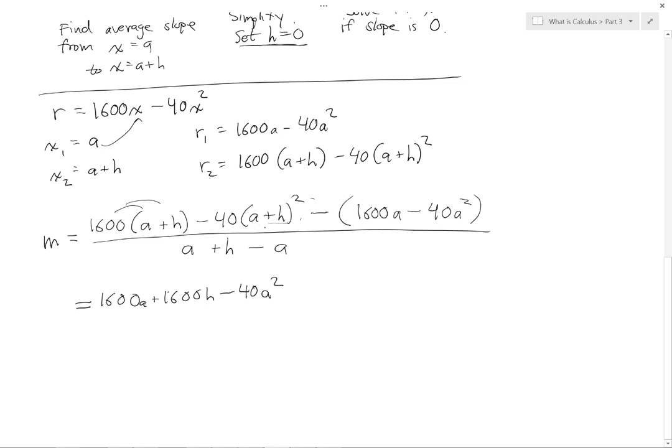If we have A plus H times A plus H, we're going to have AH, so we're going to have minus 40 AH minus another 40 AH. And then I have an H squared. Again, we multiply that by negative 40. And now we distribute the negative sign on this end. We get minus 1600A plus 40A squared.